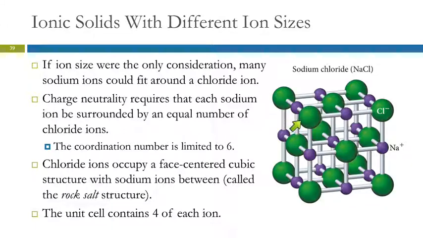So the chloride ions are in a face-centered cubic, and if you forget how many atoms are in a face-centered cubic unit cell, either imagine or draw it out, and you should be able to figure it out, even if you didn't memorize it. But there's four atoms in a face-centered cubic unit cell. So there's 4 of the chloride ions, and the sodium ions are in between them, and so we're going to have 4 of the sodium ions as well.